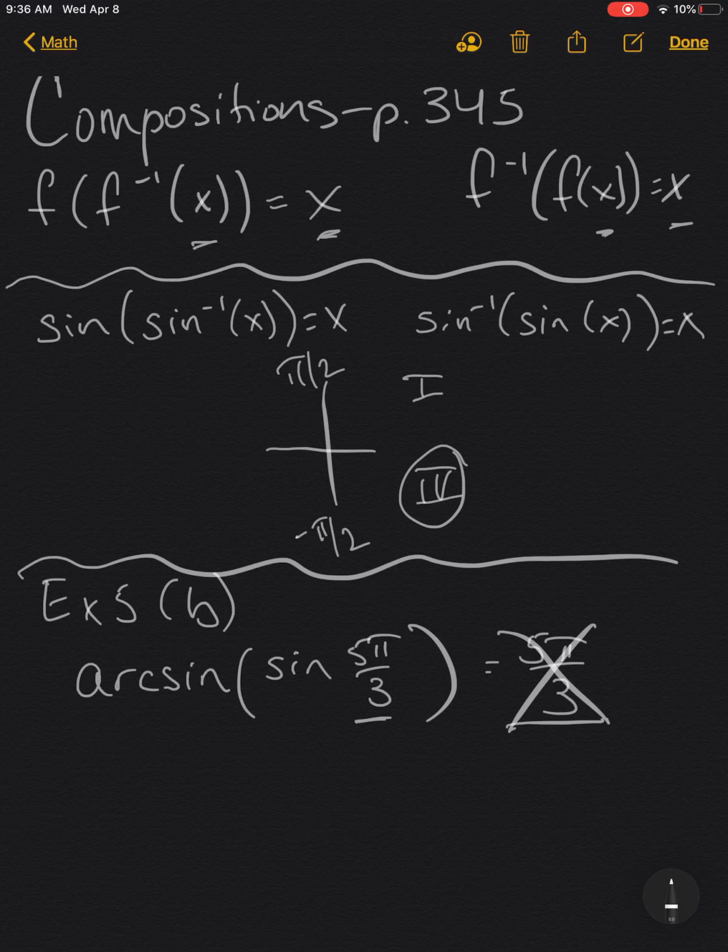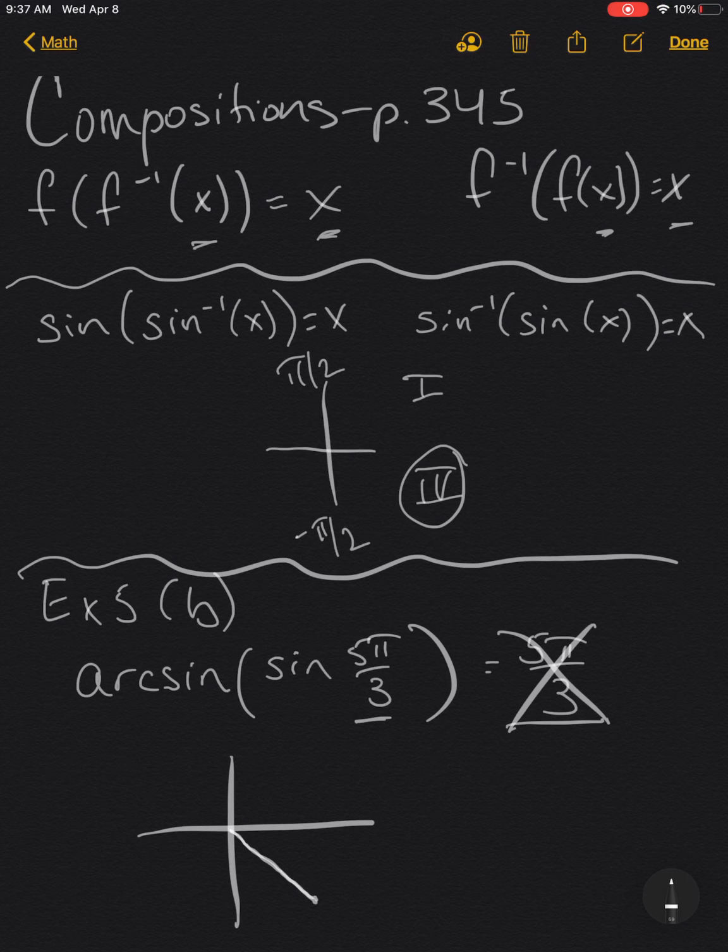So the first thing to do is to figure out how we can get this to be a value within that range. Yes. Okay, we know, well, hopefully you know that 5 pi over 3 is located here, quadrant 4. So if we find its coterminal angle, then we can find a value within the range.